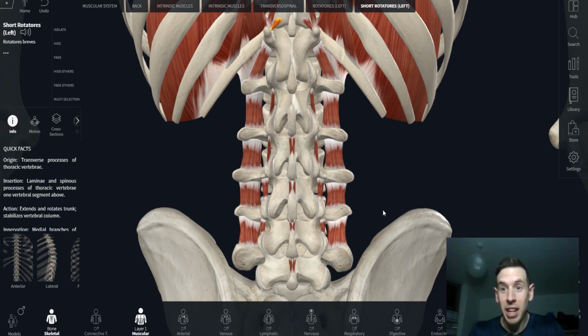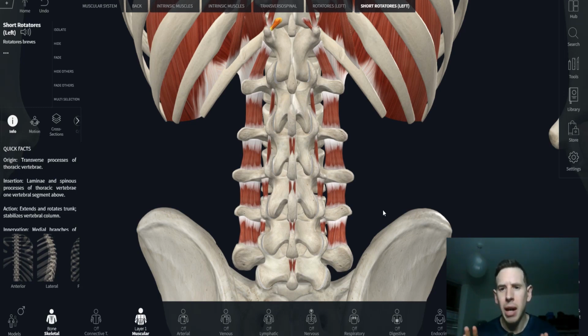All right, so we're now at the deepest layer of the core, and we're going to be talking through these small muscles. To make it easier to remember, think about this very broad concept of the big muscles and the small muscles, or the superficial muscles and the deep muscles.